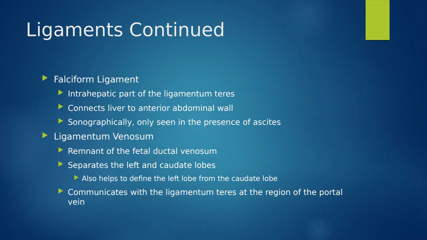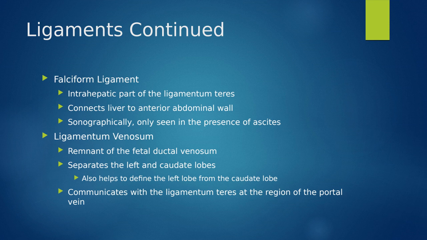We don't see this on ultrasound, only if we happen to have a patient that has ascites. Ascites, you can Google it. It is when we have an excess accumulation of fluid in a patient's abdominal cavity. What happens with that is all of this fluid builds up and builds up. It doesn't really have anywhere to go. So it starts to push the organs away from the abdominal wall.